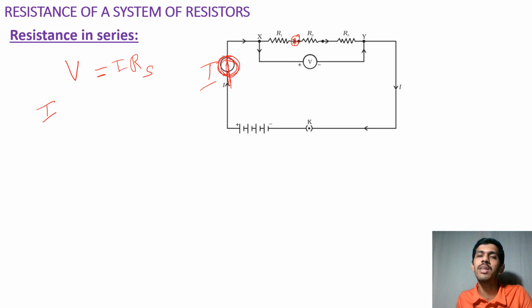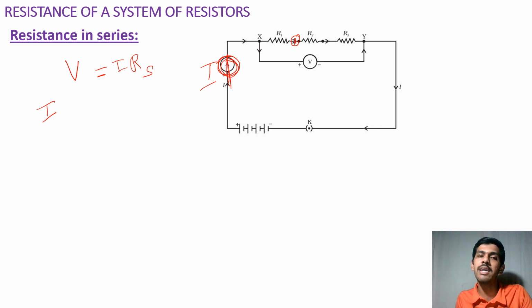In a series combination, whatever the value of current was flowing through this circuit, the same current flows when I connect the ammeter directly here, placing it in between R1 and R2.